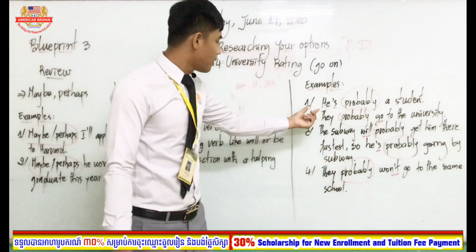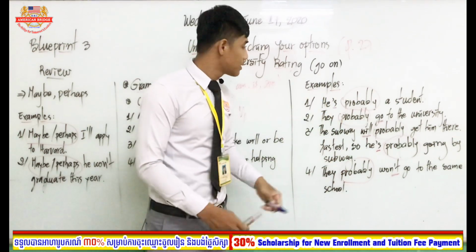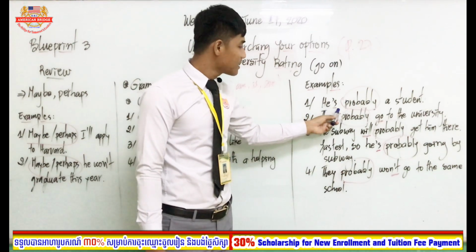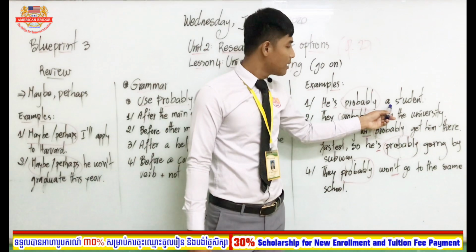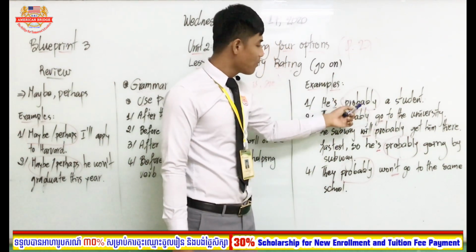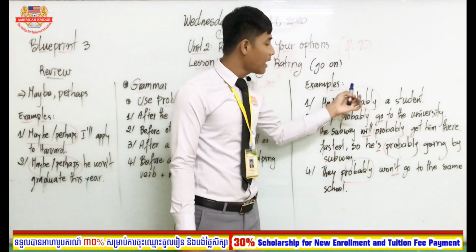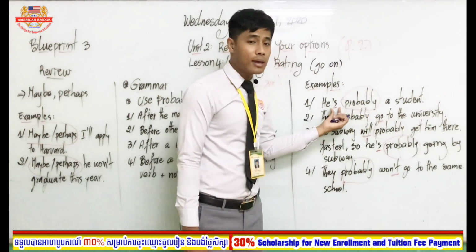Example. After the main verb be. So, he is probably a student. You see this probably over here is placed after the verb be.